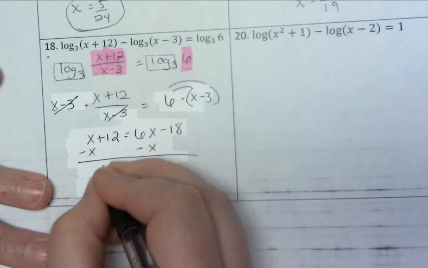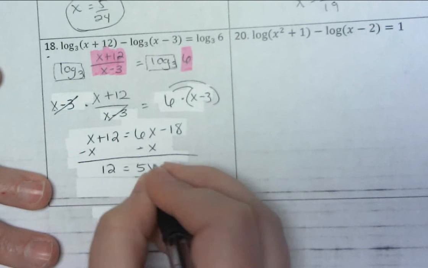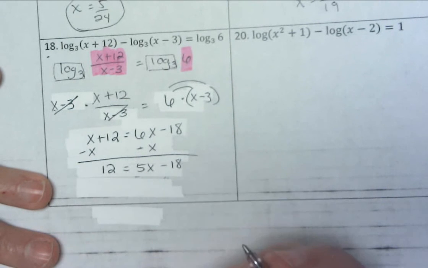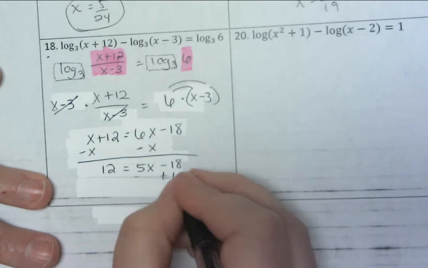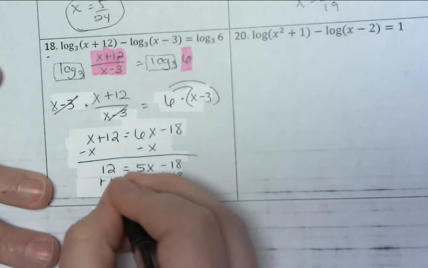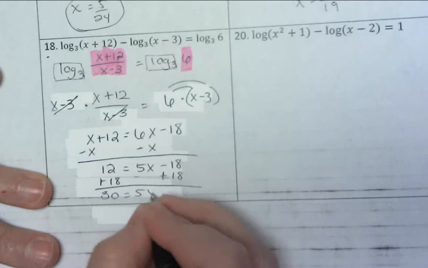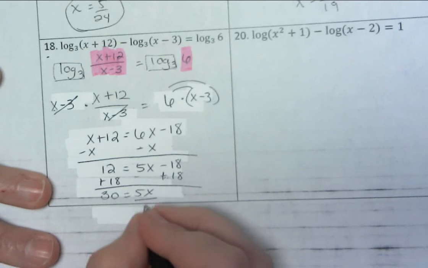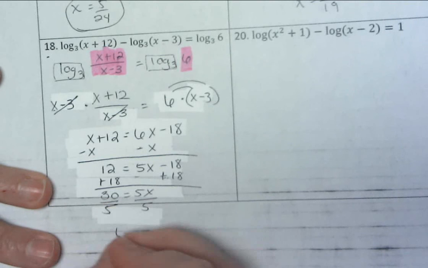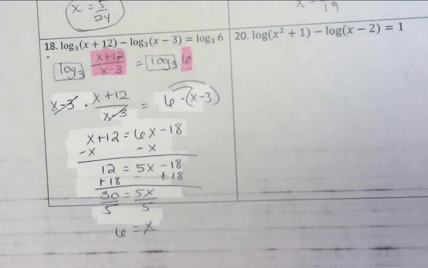So we have 12 equals 5x minus 18. And then add 18 to both sides to get 30 equals 5x. And then divide both sides by 5 to get 6 equals x. When we plug that into our input, it does still give us a positive answer, so we're good.